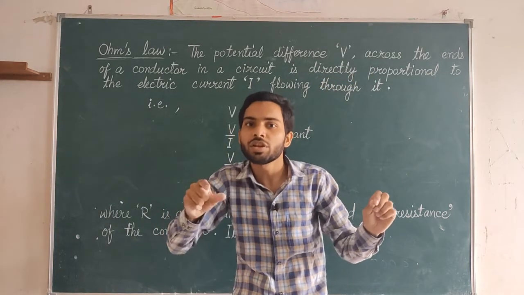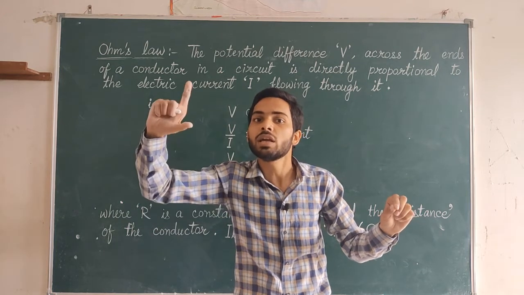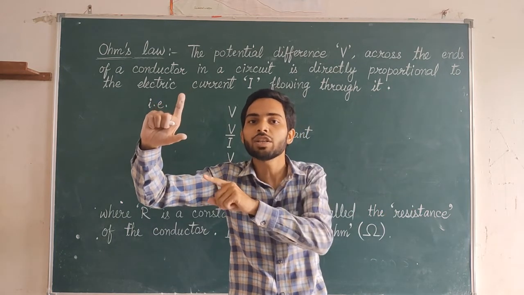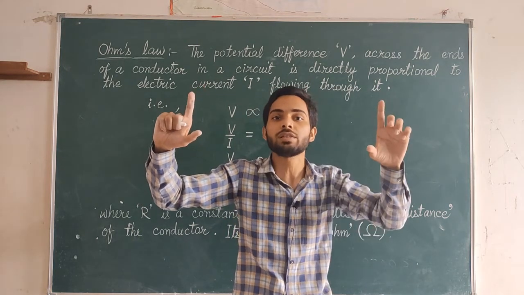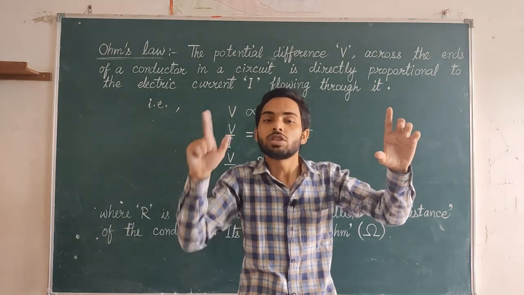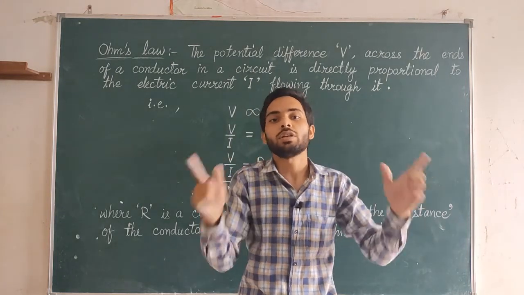If I am increasing the value of a quantity and the value of another quantity also increases, then these two quantities are said to be directly proportional to each other.